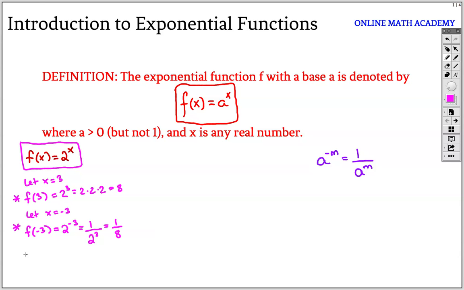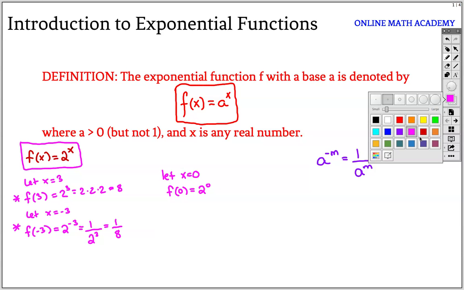So what happens when we let x equal 0? And this is the very non-exciting thing. If x is equal to 0, then f of x is f of 0, and f of 0 is 2 to the 0th power, right? Well, here's another thing regarding exponents that you'll have to recall to have this make sense.